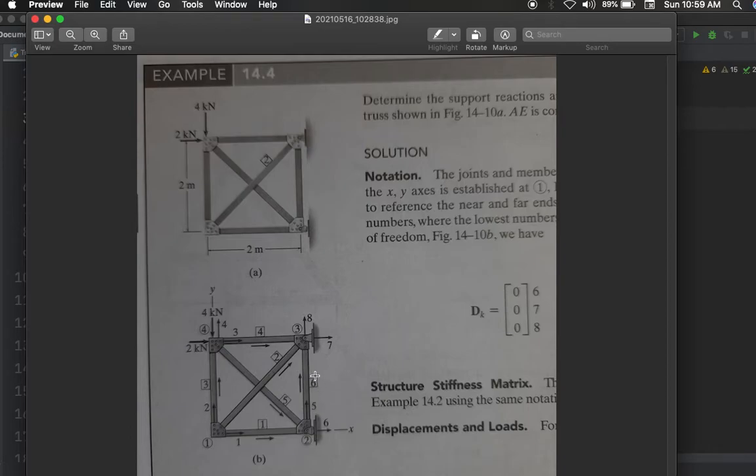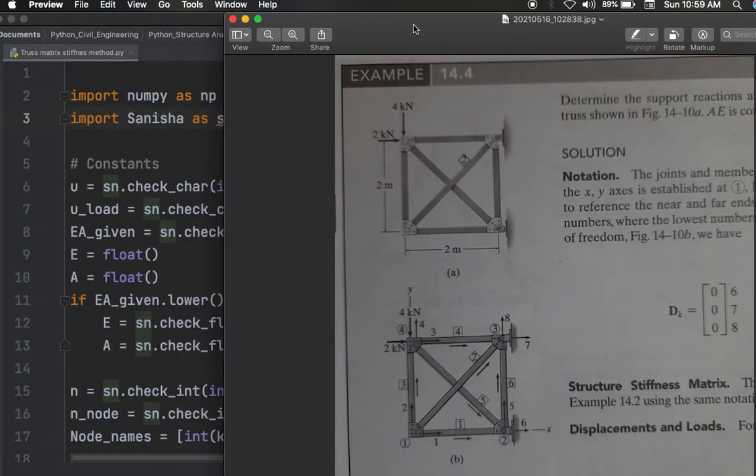Similarly for member 6, 2 is the near node and 3 is the far node. For member 4, 4 is the near node and 3 is the far node. So you have to simply take care of these numbers while running this program. When it asks you to put these numbers, you have to put them according to this numbering. Okay, so let us go to our program.